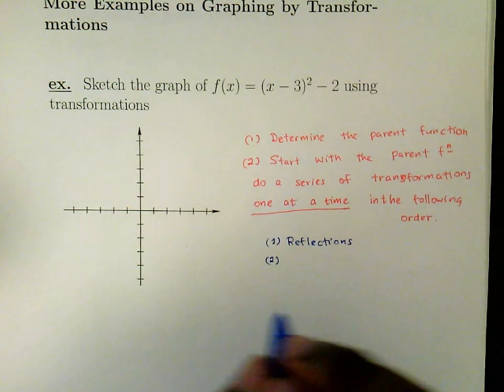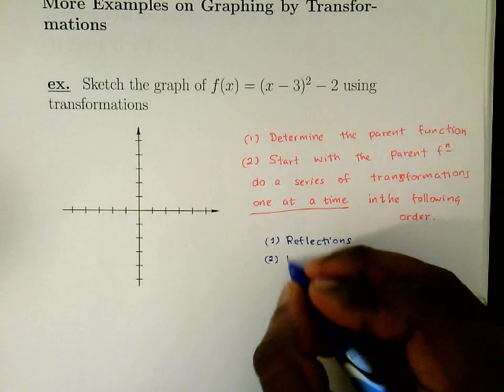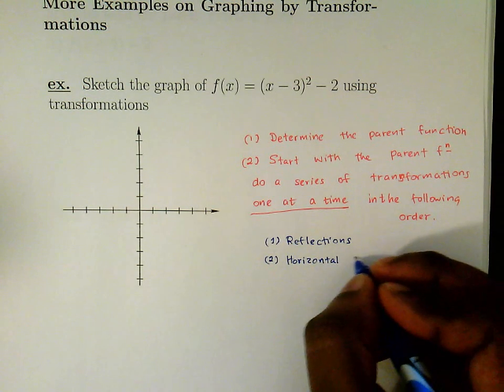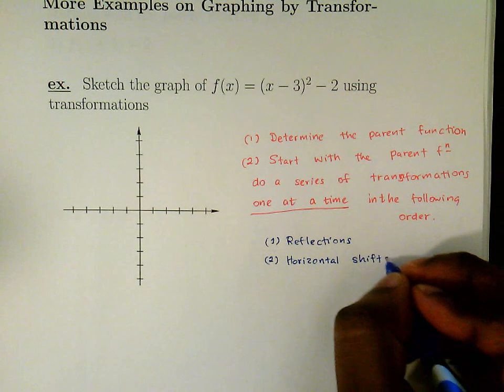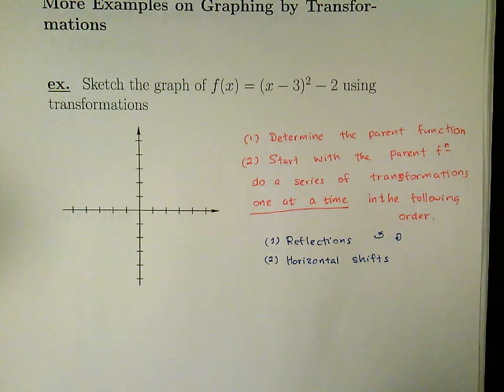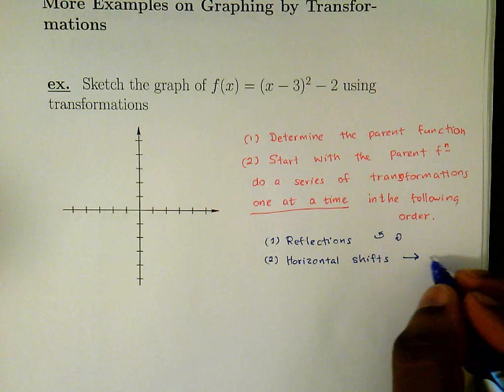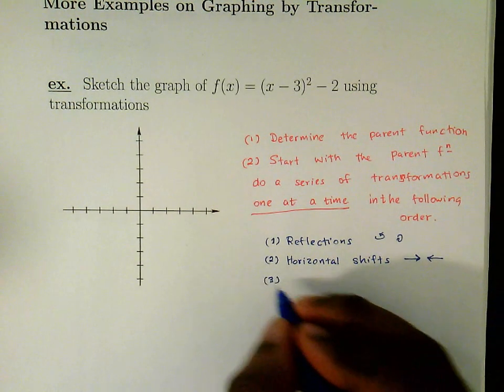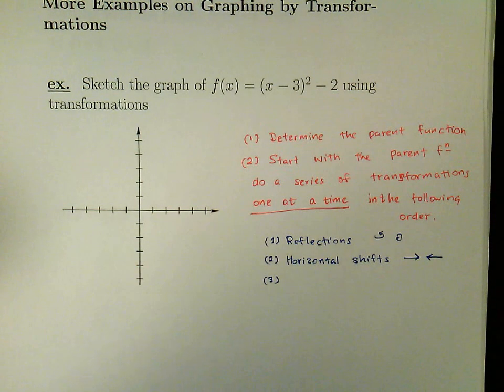The second one is horizontal shifts. So I would do reflections, then horizontal shifts. And then 3 is any type of compression or stretch.